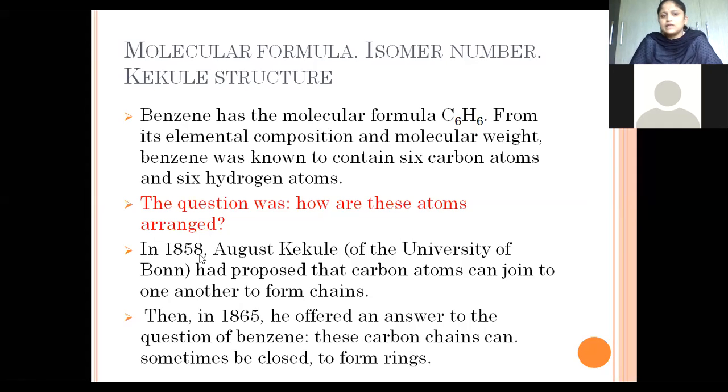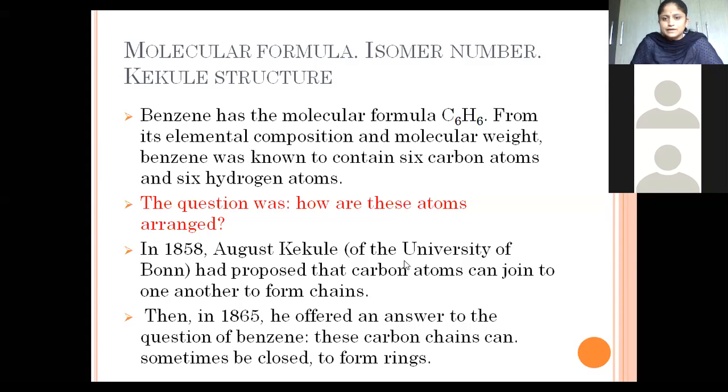In 1858, he proposed that carbon atoms can join to form chains. So see, the carbon has a tendency to join to each other and form a chain. And again in 1865, he offered an answer to the same question, that how the carbon atoms are arranged. Sometimes they are arranged in the form of closed chains.